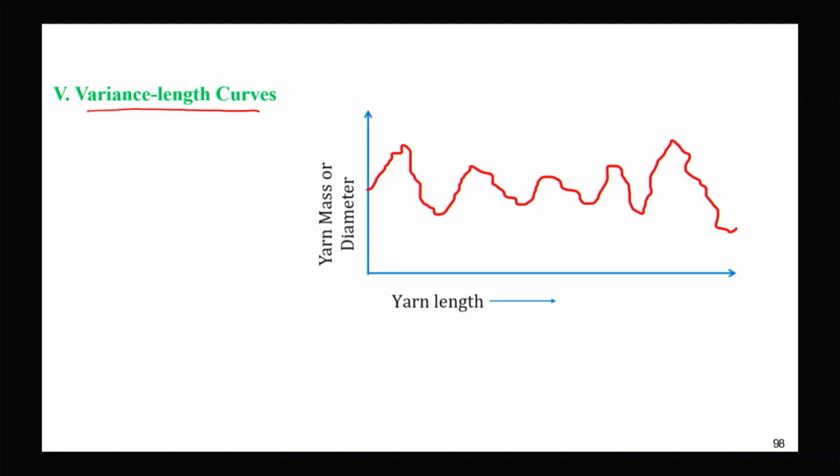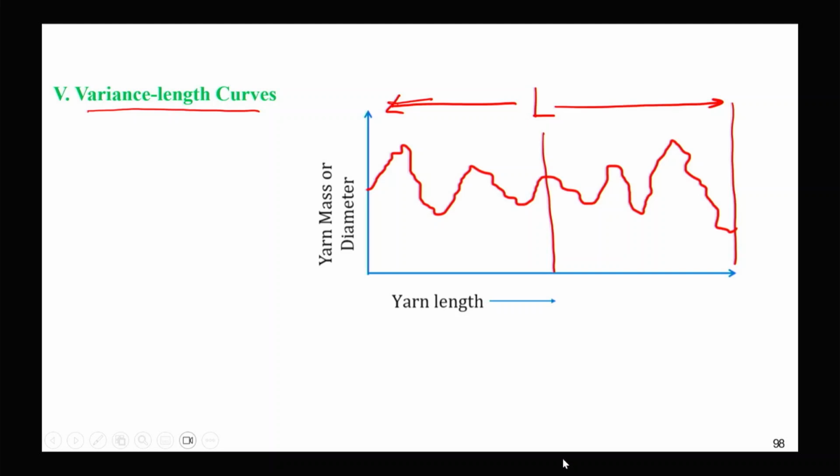Now, what we see, suppose this is the total length of yarn tested, L. We are cutting the total length into, say, two equal parts.